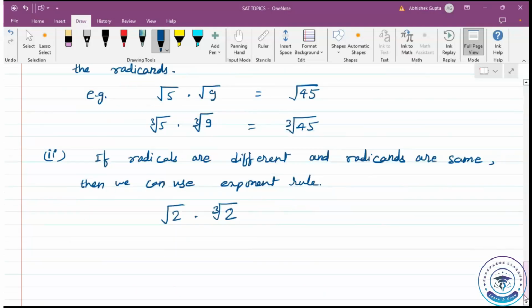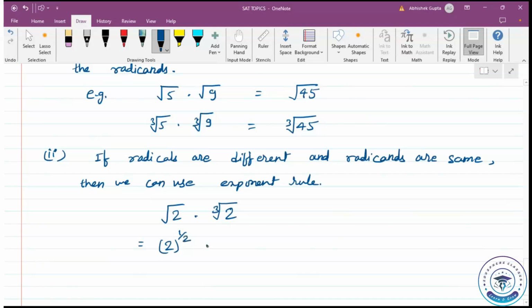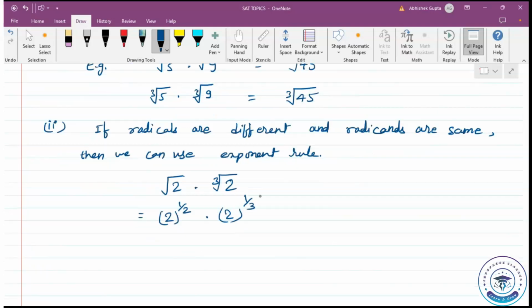How will we do this? Converting to exponents, this can be written as 2 to the power 1 over 2, and this as 2 to the exponent 1 over 3. Now we have the same base but different exponents, so the exponents will be added. So 2 to the exponent 1 over 2 plus 1 over 3 is 2 to the exponent 5 over 6.